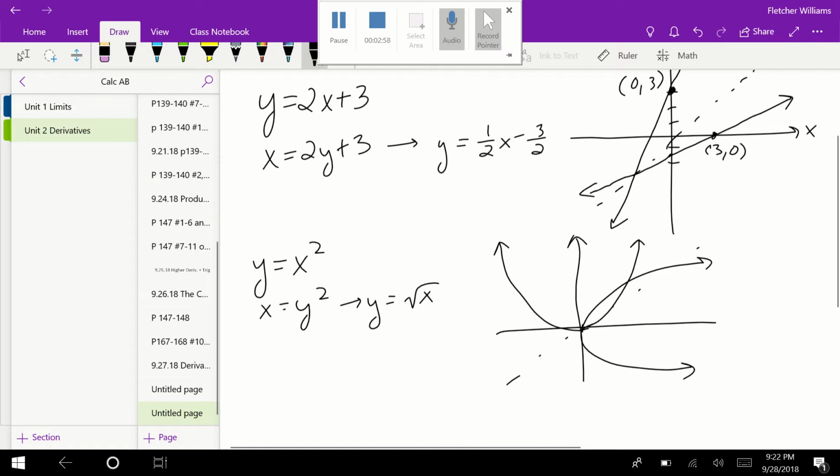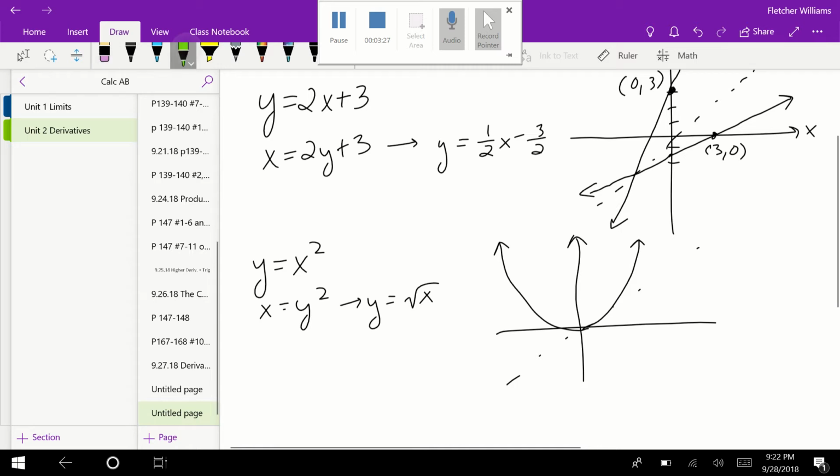Part of the reason that happens is because the function is not what we call 1-to-1. For this function, you can get multiple x values that have the same y output.